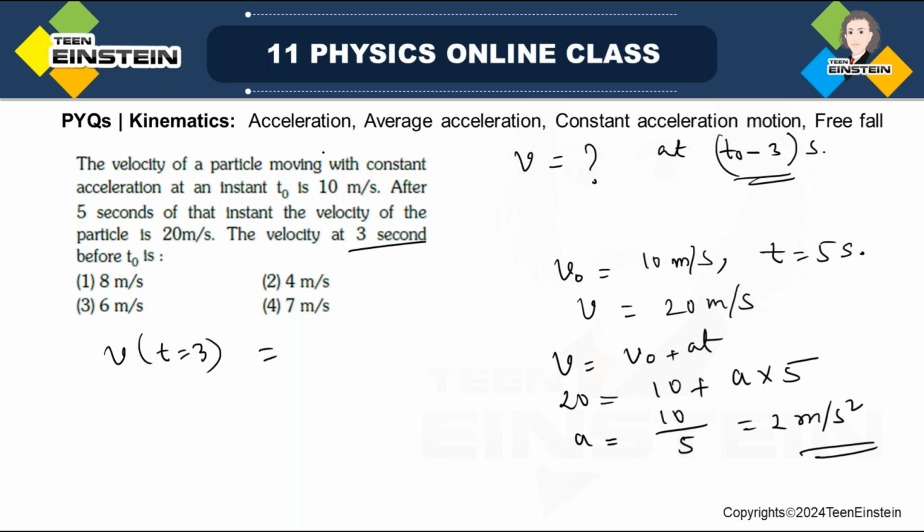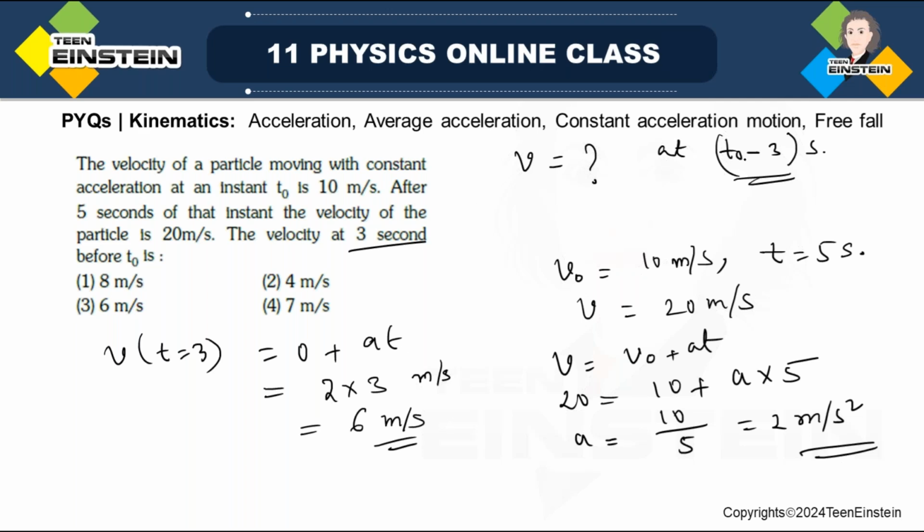If I say the particle starts moving from rest, then u is 0, and v equals a into t. So a is 2 and t is 3, so this is 6 meter per second. In 3 seconds, it can acquire 6 meter per second.